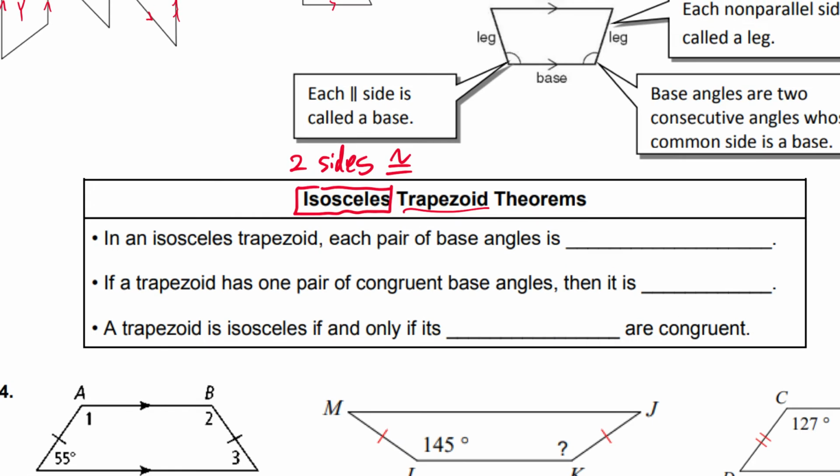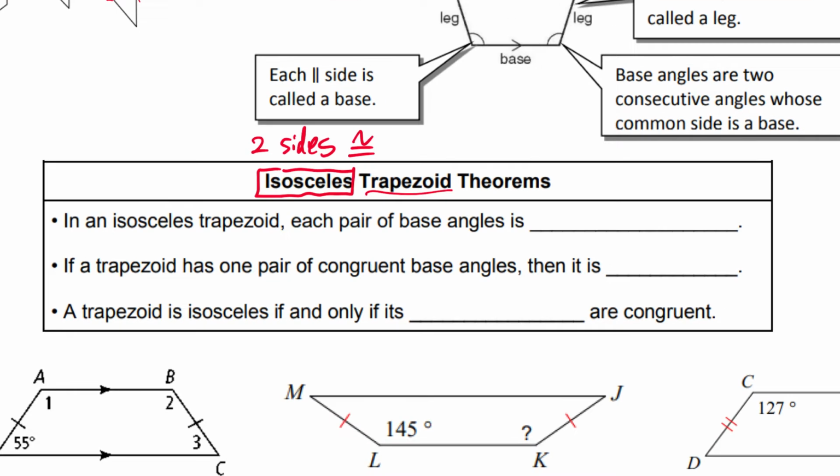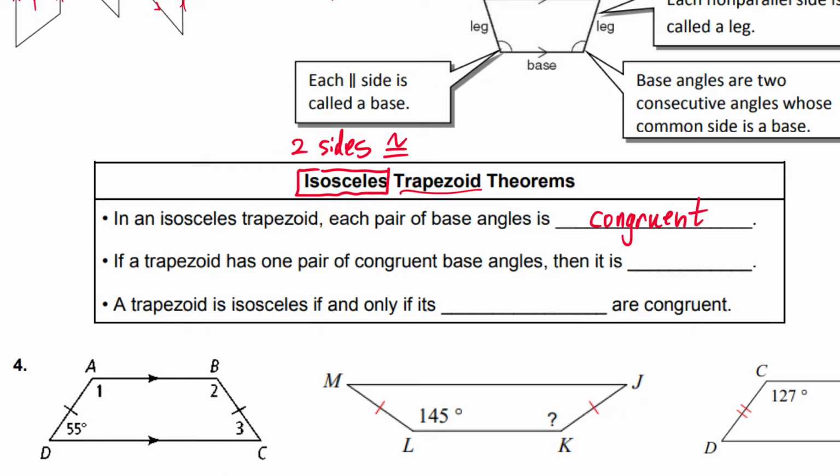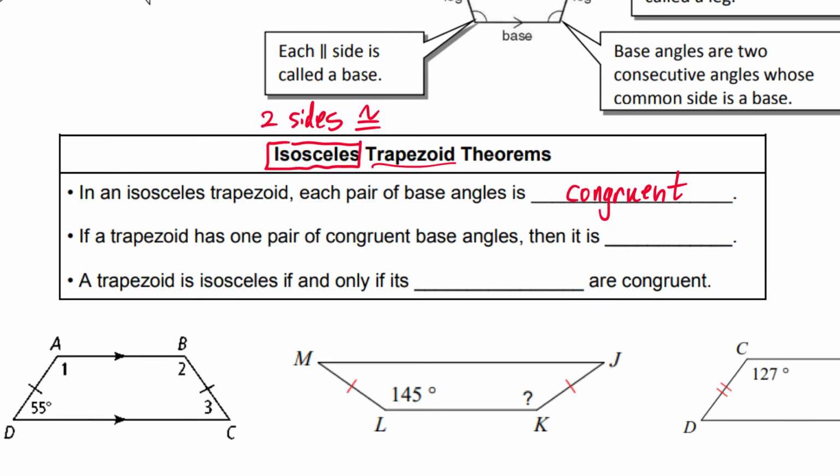Okay, so in an isosceles trapezoid, each pair of base angles is congruent. If a trapezoid has one pair of congruent base angles, then it is isosceles.